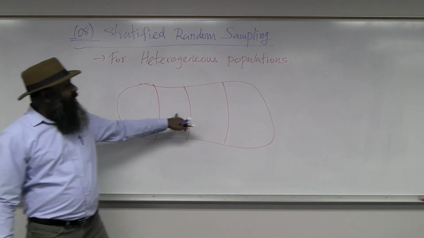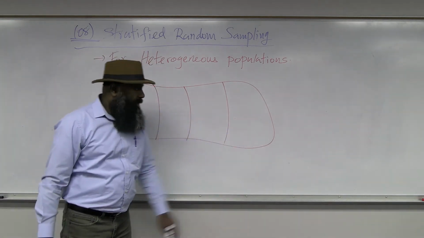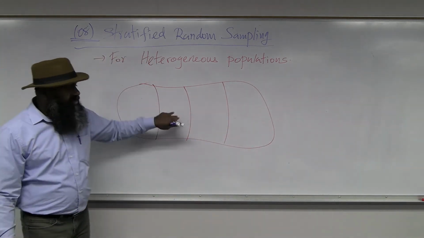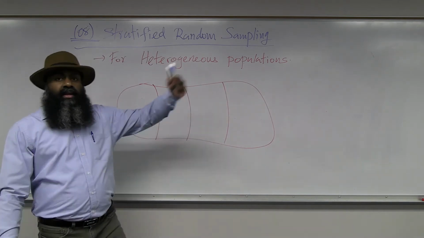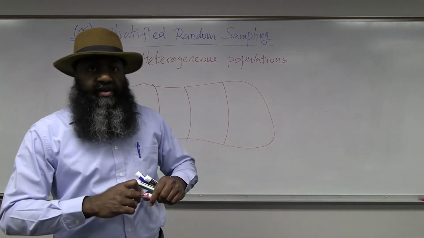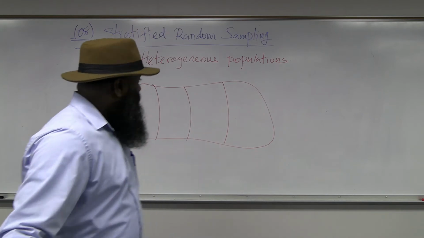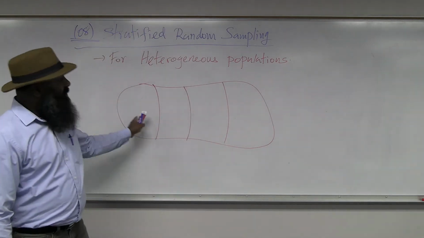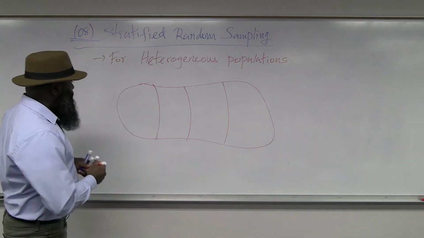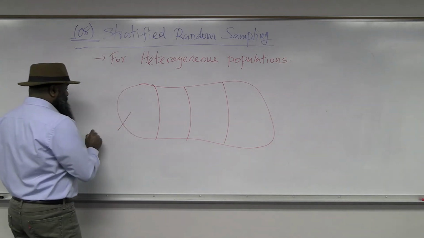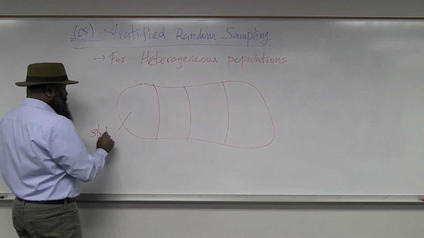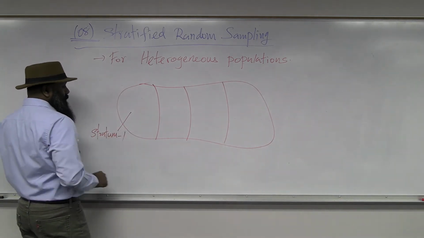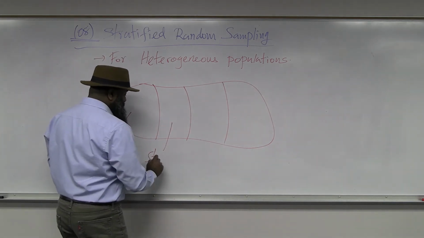Now these subgroups are called strata. So this is stratum 1, this is stratum 2, this is stratum 3, and a population can have some number of strata. Okay? According to this diagram, I have 4 strata. So this is my stratum 1. This is my stratum 2, and so on.